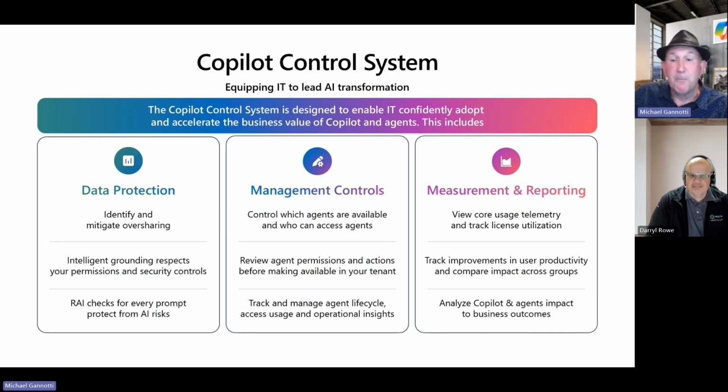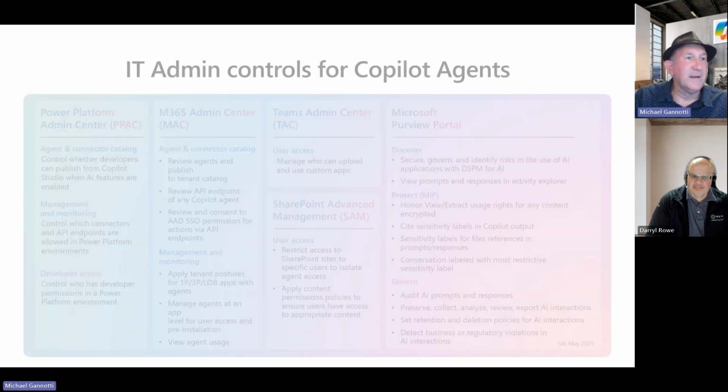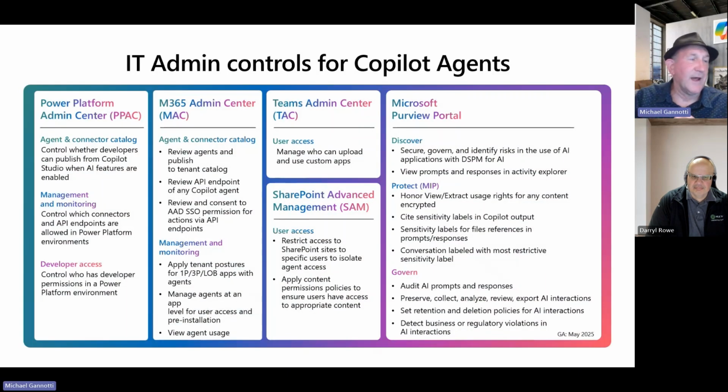And then we'll get into the measurement and reporting. That'll be at the tail end. But today we're going to be talking about, in this Copilot control system, the areas where we go to turn the dials, ratchet things up, open them up or close them down, depending upon your org's needs. So with that in mind, let's just go ahead and start diving in.